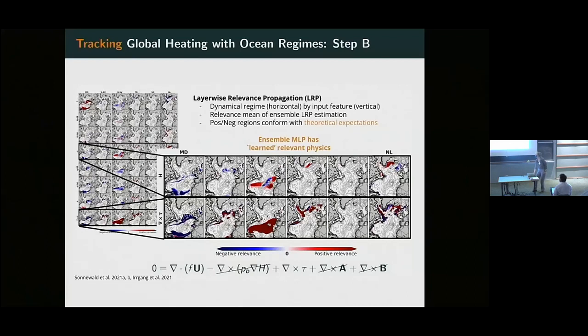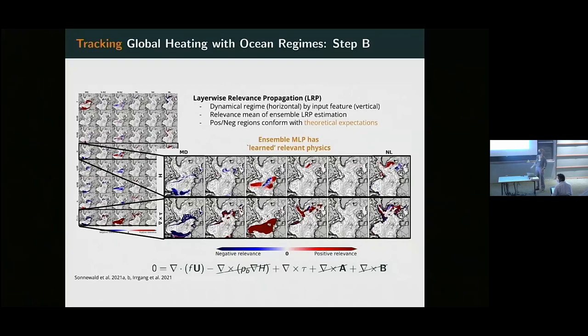Just honing in on this one in the middle, I know from my background that the wind stress curl should be important and that most of these other ones should not be important. So nominally for this dynamical regime, I know that I can cross out those three other terms.